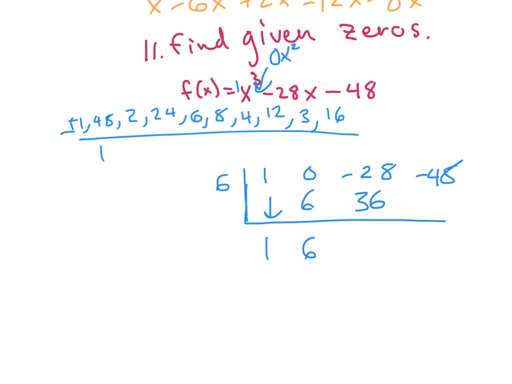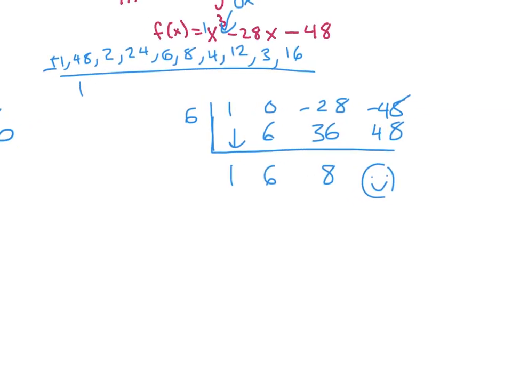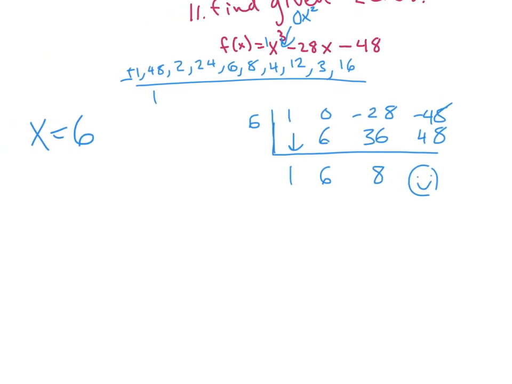What's 36 minus 28? 8. And 8 times 6? 48. 48 minus 48? 0. Yay, so 6 works. So one of our answers is 6. Good choice, Franco.